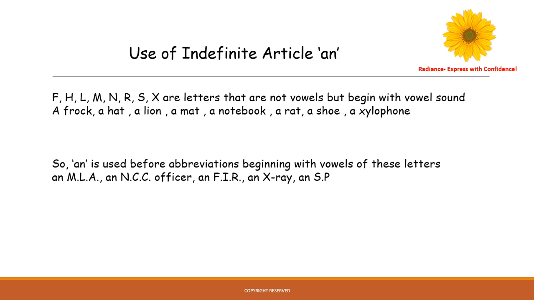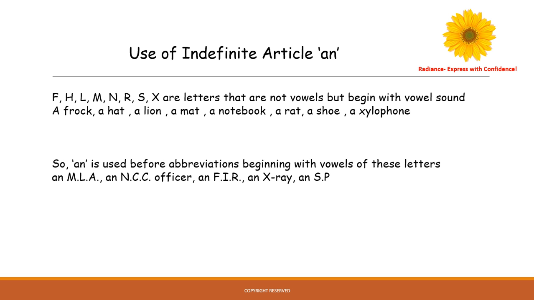I am saying M.L.A. It sounds like sound of E and M. Similarly for N.C.C officer, it sounds like E-N. For F.I.R, it sounds like E-F. Not the sound of F, not the sound of N, or not the sound of M.